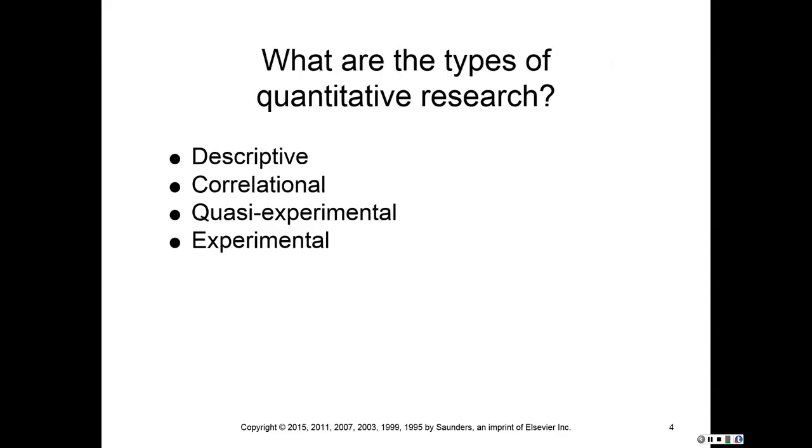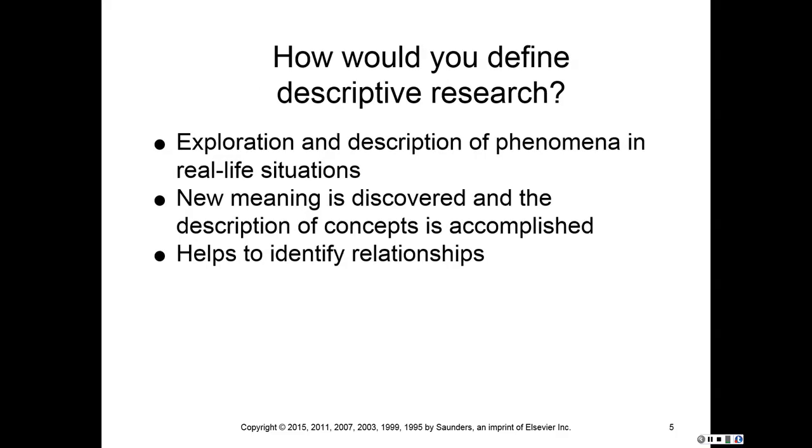The types of quantitative research are 4. There's descriptive research, correlational research, quasi-experimental, and experimental research. How would you define descriptive research? Descriptive research explores and describes phenomena in real-life situations. New meaning is discovered, and the description of concepts is accomplished.